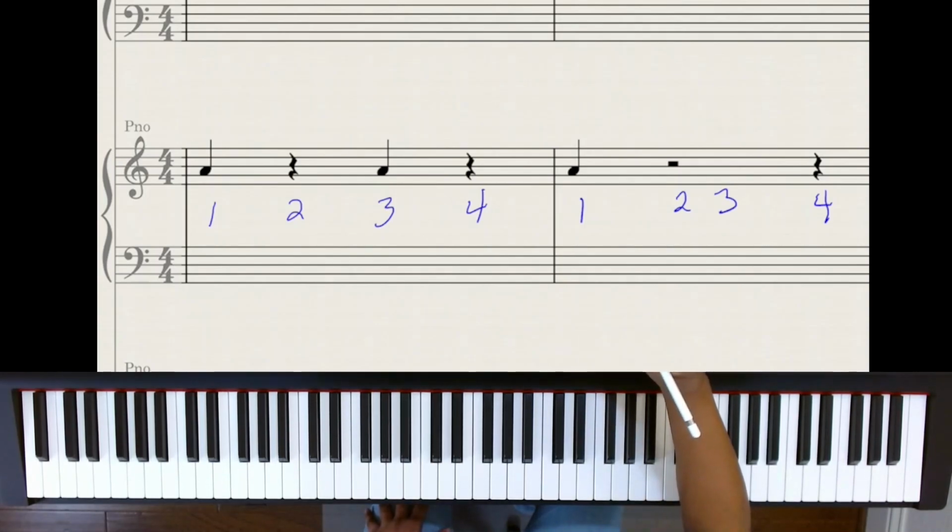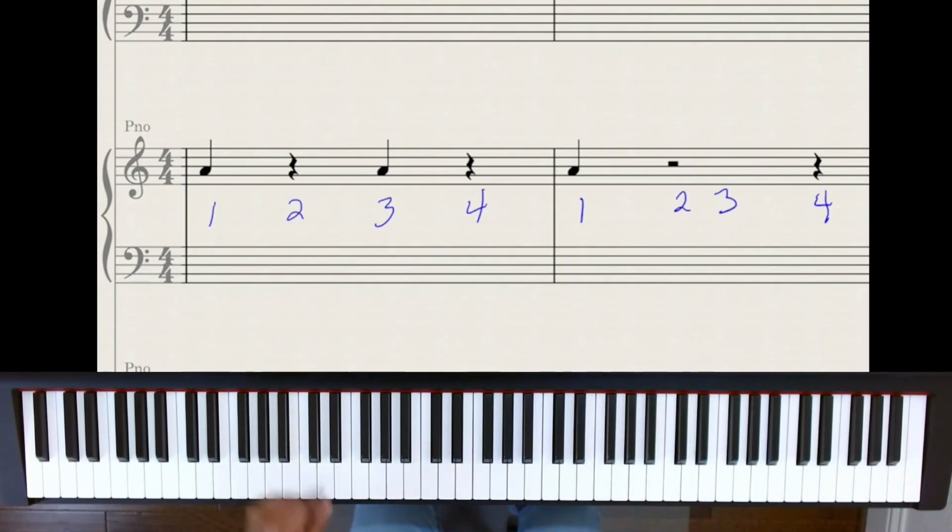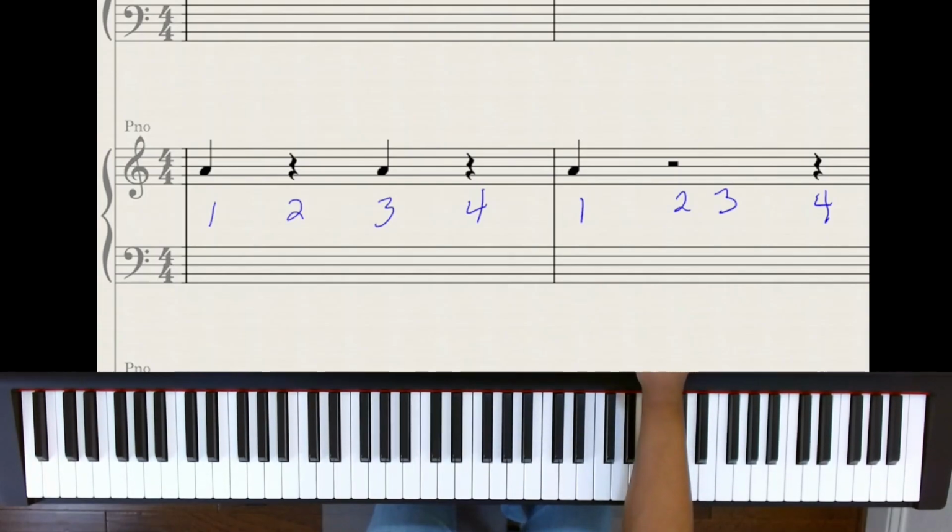Which equals 3 beats. So for this example, 1, 2, 3, 4, 1, 2, 3, 4. All right?